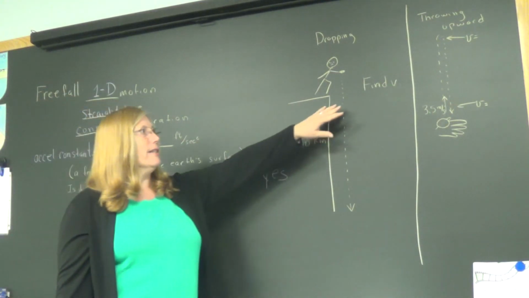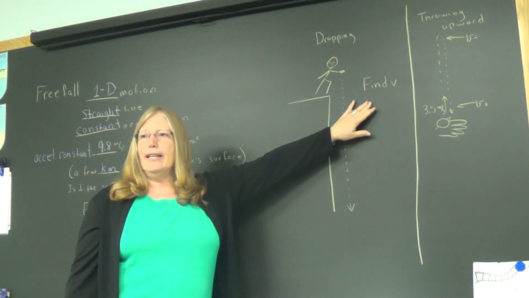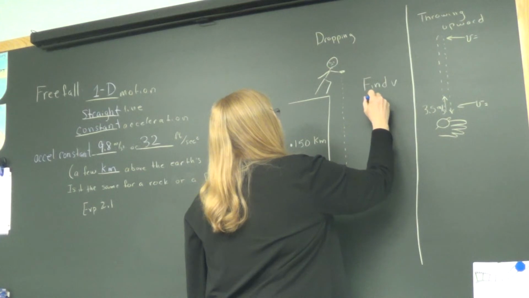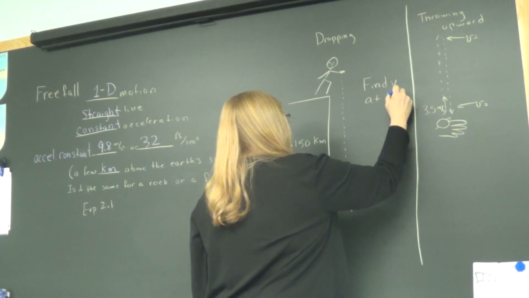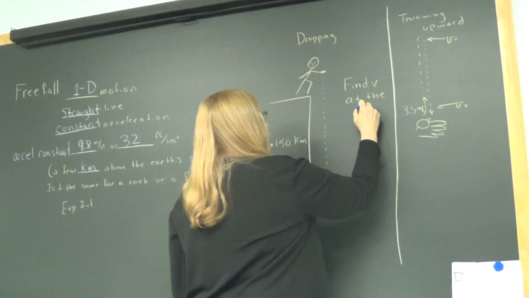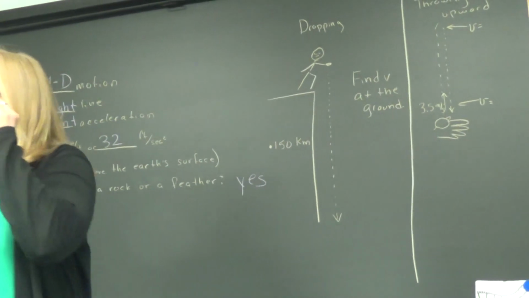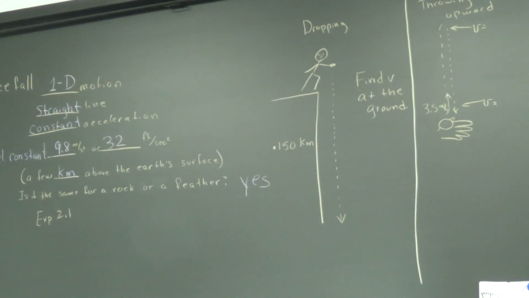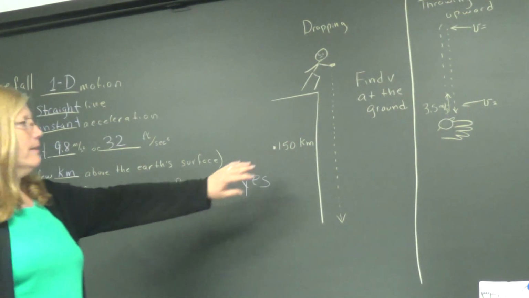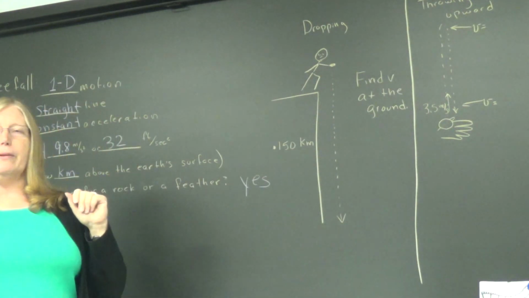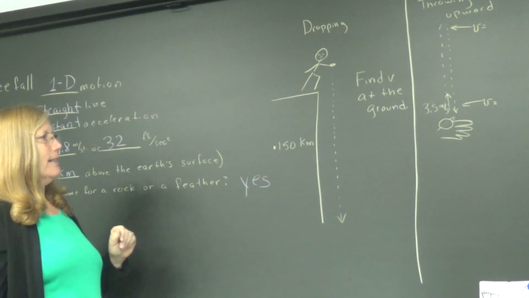And the question is, did you write the question? Find the velocity at the ground. Find v at the ground. I don't mean when it's on the ground, obviously that would be 0, but the instant before it touches the ground, what is its final velocity? So write down the question, final velocity, and remember our symbol is v now for the final velocity.